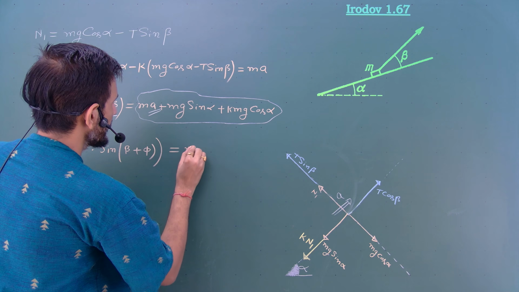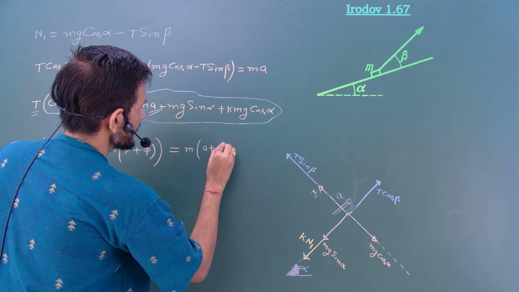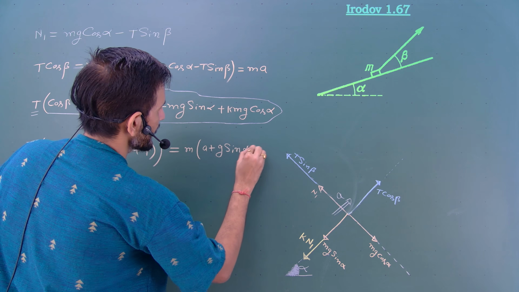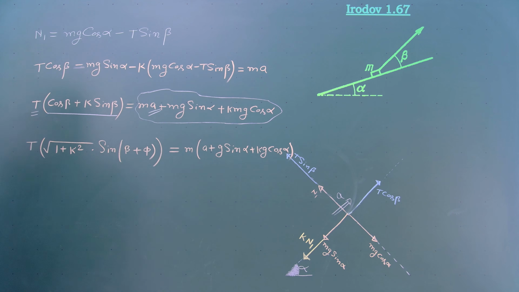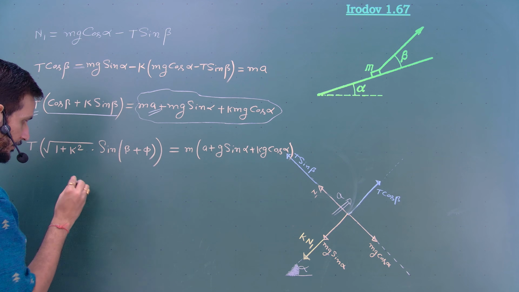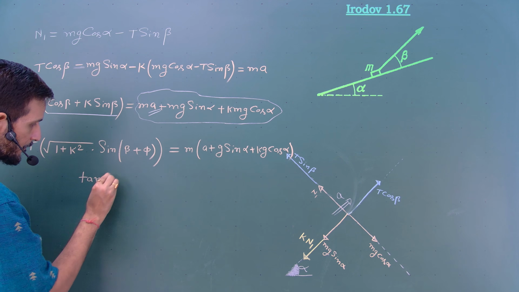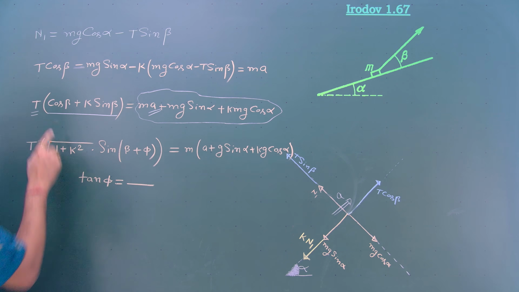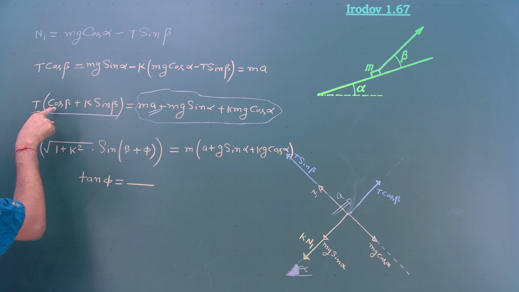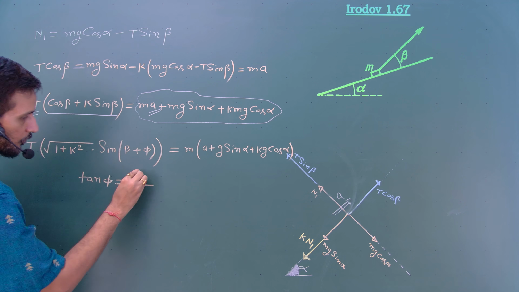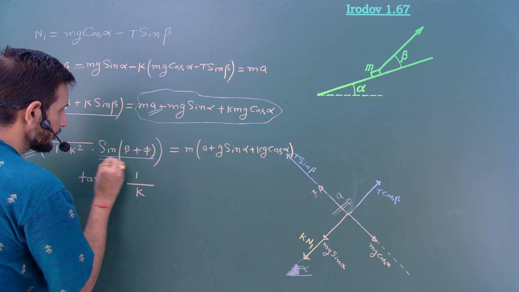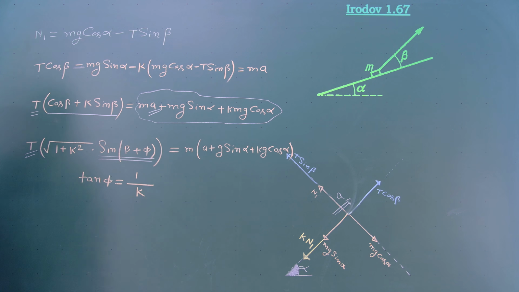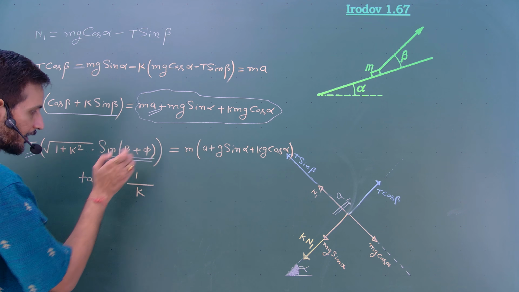So m should be common, a plus g sin alpha plus k g cos alpha, and tan phi must be equal to b by a. This b means the coefficient of cos. Coefficient of cos is 1. So 1 by k. So for minimum tension, this part should be maximum. So value of sin (beta plus phi) is 1 and this angle is 90 degree.